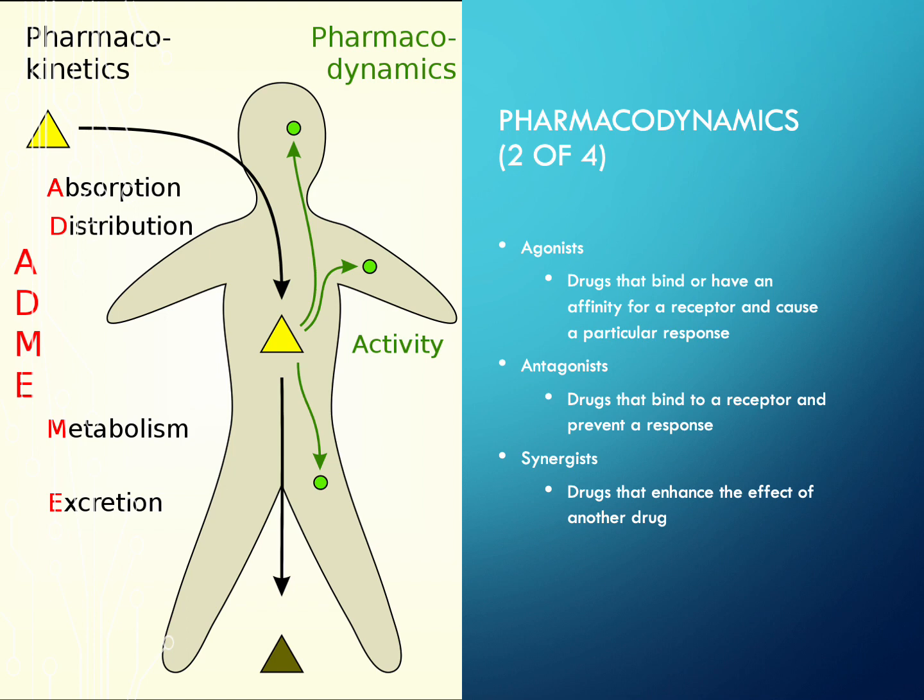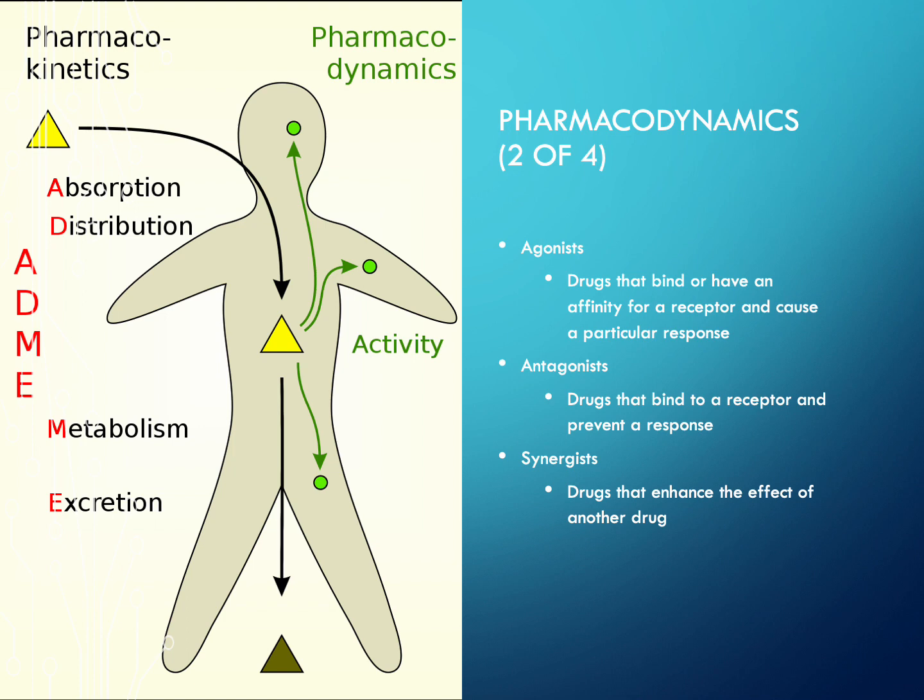Agonist. Agonist drugs are those drugs that have an affinity, or they have a like for a receptor, all right? And they're going to cause a particular response when they bind with that receptor. You can think of this like a lock and key situation. There's the receptor, the drug has an affinity for that receptor.